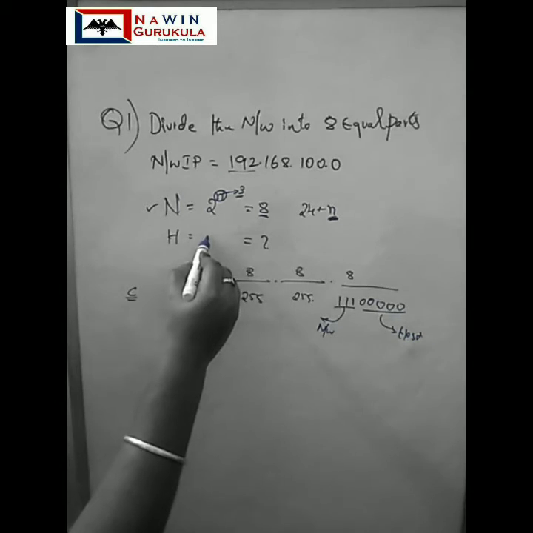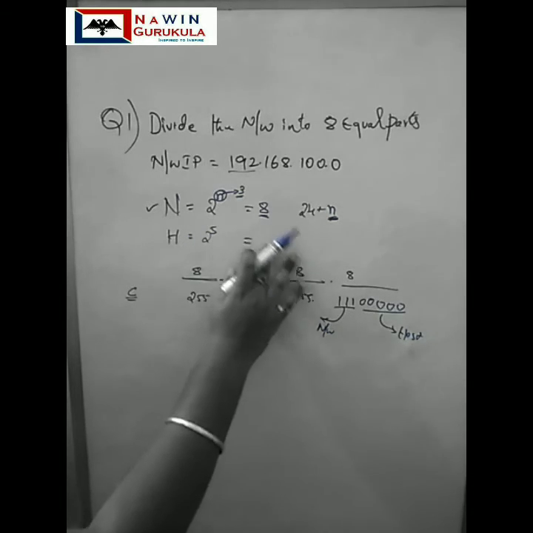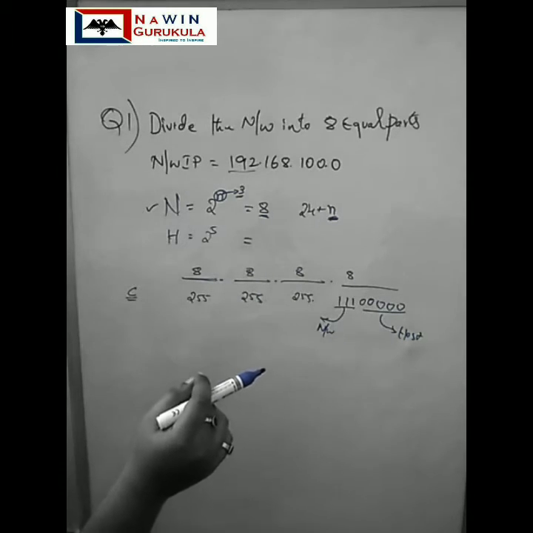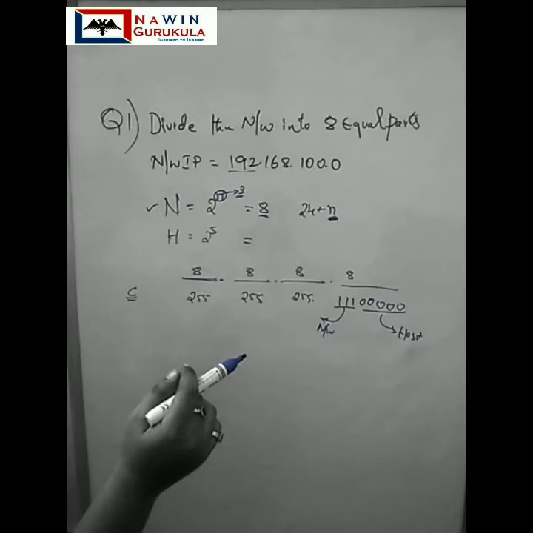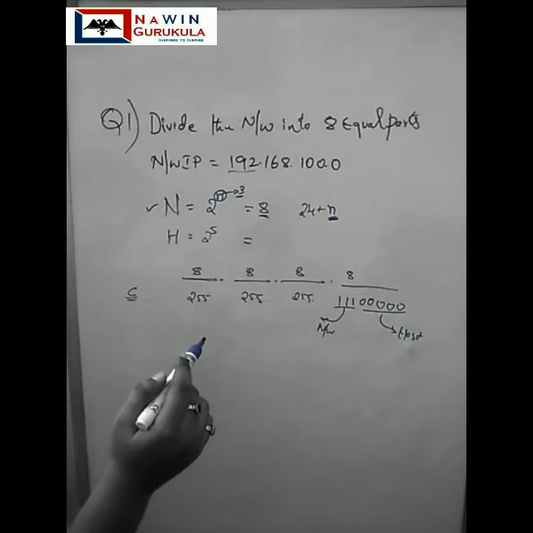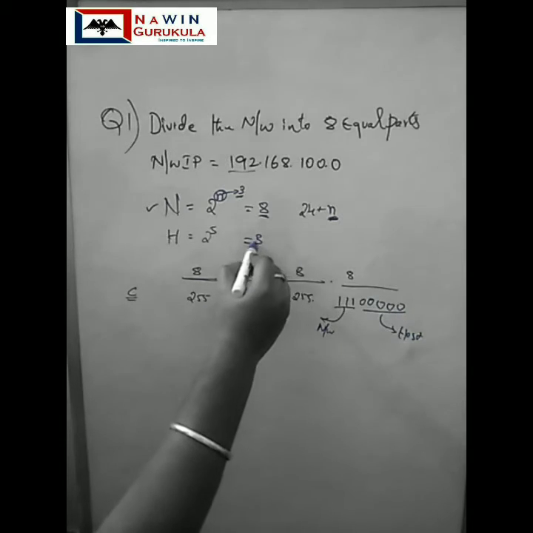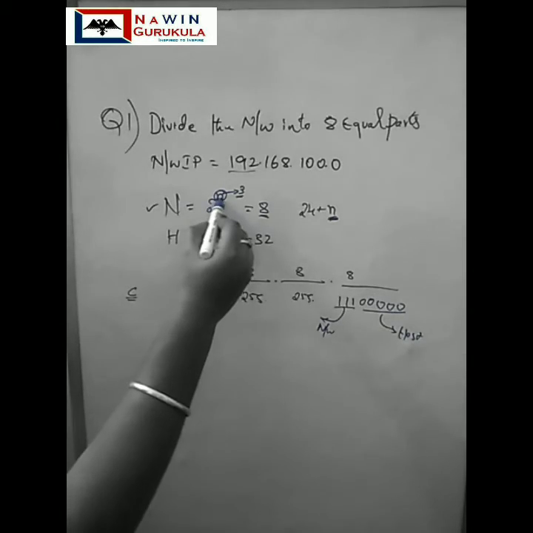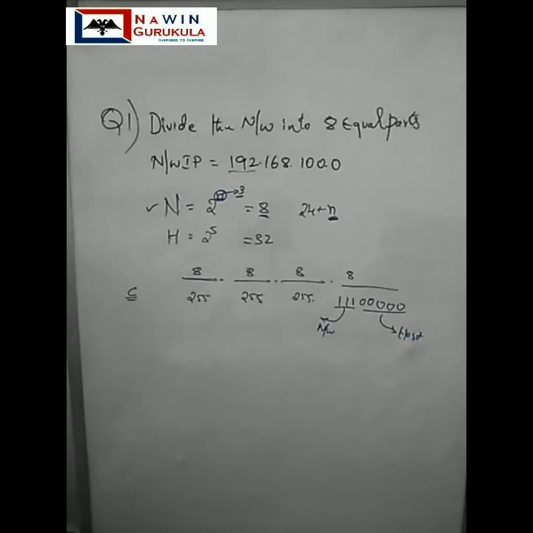So the value of h will be 5. So 2 power 5 gives the total number of hosts in one network, that is 32, right? If you remember the 5 questions which we discussed initially, the first question asks how many total subnetworks we have, that is 2 power n, where n means the total number of host bits converted towards the network.